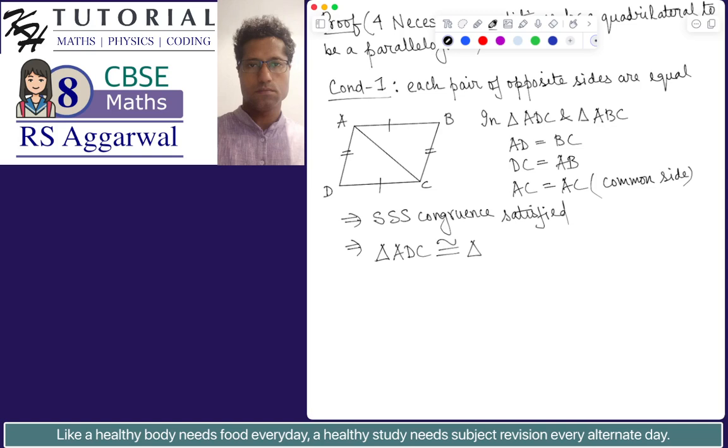You take two sides of the triangle ADC. I am considering AD and DC, two sides. We know that AD is equal to BC, and DC is equal to AB. Now, what is the angle included between the sides AD and DC?